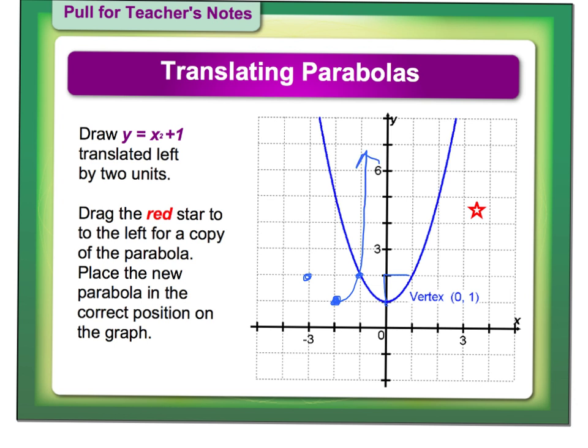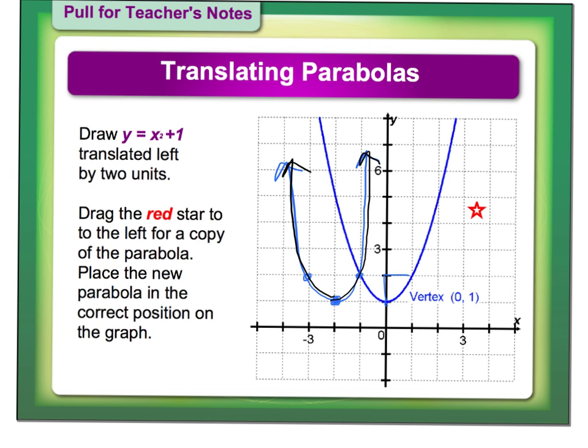So the final location of this parabola, translated already up 1 unit, and now translated left 2 units, would be here. Remember, it's always what are we doing to the parent function based upon what's being added to it, subtracted from it, or multiplied by it.